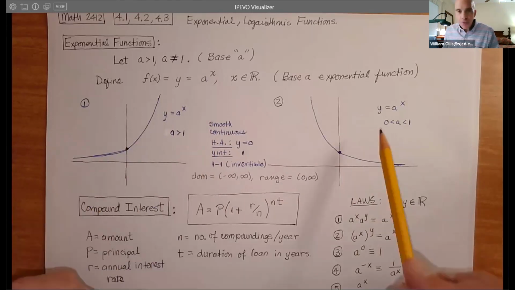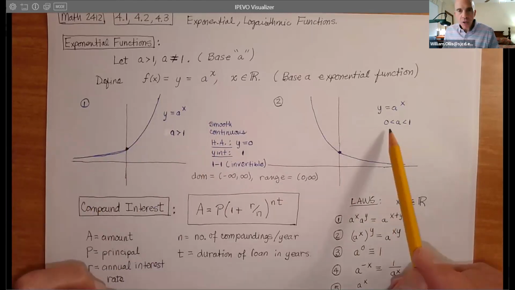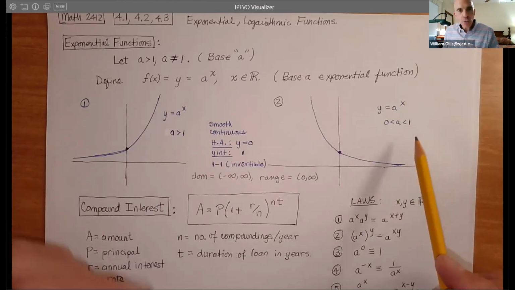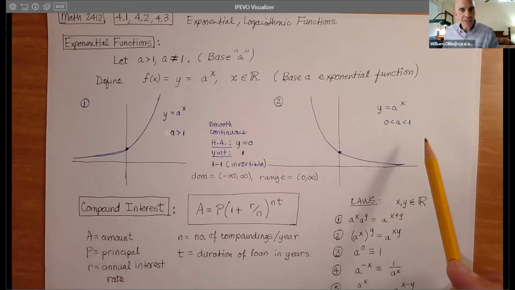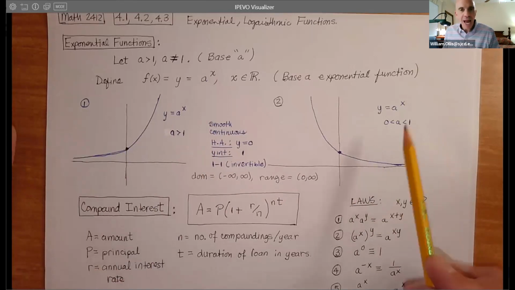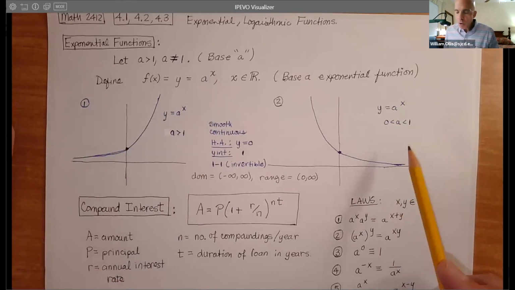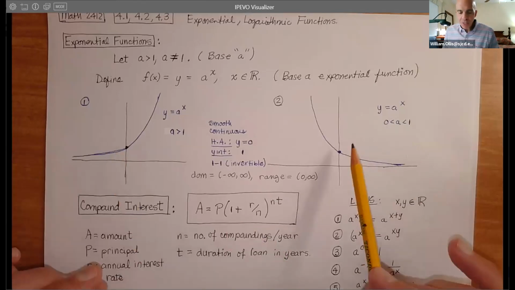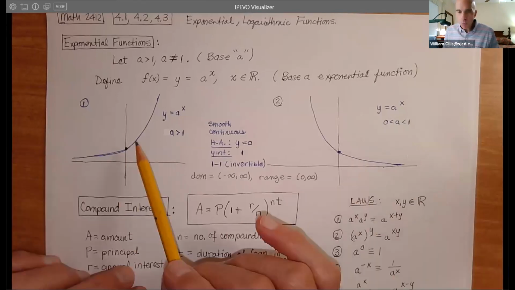However, if the base were between 0 and 1, like maybe 1/2 or 1/3, the outputs actually got smaller. Again, agreeing with our intuition, taking a number between 0 and 1 and raising it to larger and larger powers will make the output smaller. So when we make a comparison between the two, the only difference is one is increasing and one is decreasing.